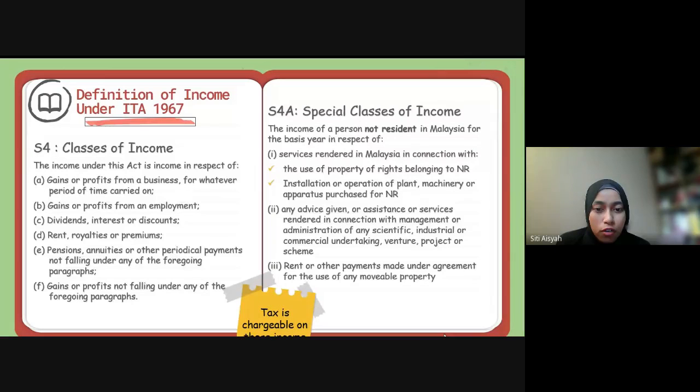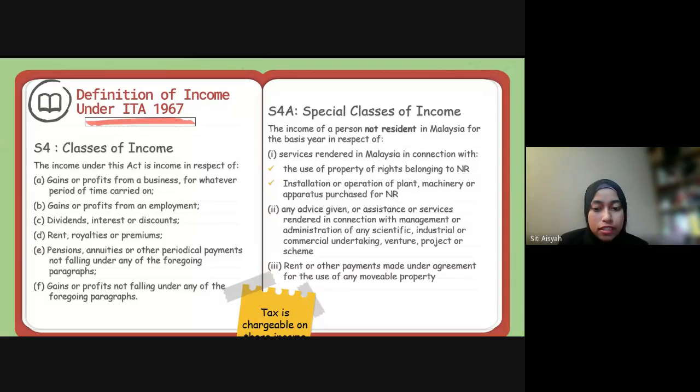Section 4 provides the classes of income on which tax is chargeable: A, gains or profits from a business for whatever period of time; B, gains or profits from an employment; C, dividends, interest or discounts; D, rents, royalties or premiums; E, pensions, annuities or other periodical payments not falling under any of the classes above; and the last, F, gains or profits not falling under any of the above classes of income.